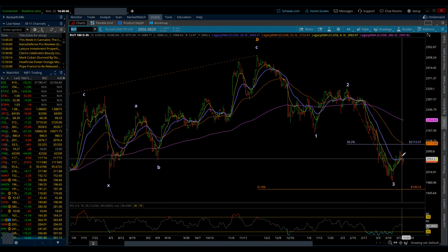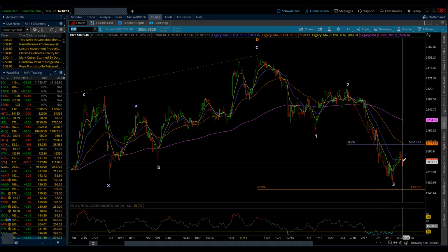On Thursday we went above, and then we broke below that 2050 level on Friday, through the opening we did. So again, Russell broke and went back up and then finished the day in a pretty tight range. But as the cash market goes and the gamma levels go, 2050, broke it, took it back.